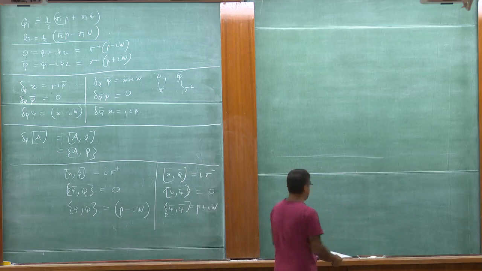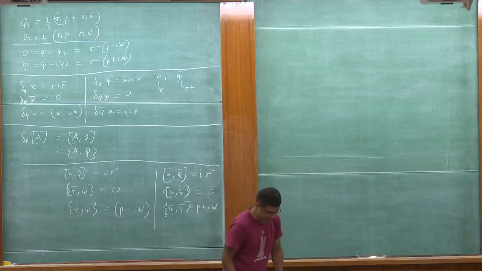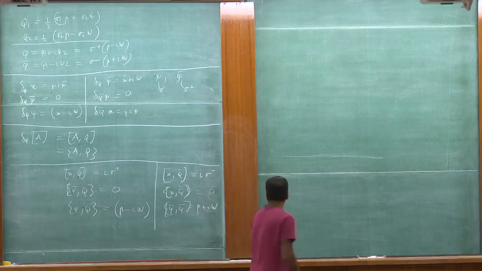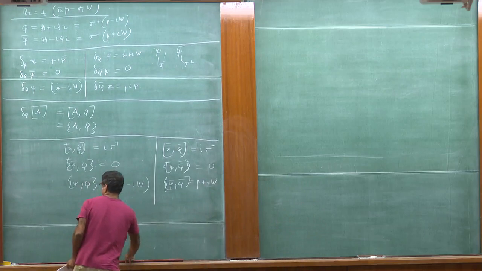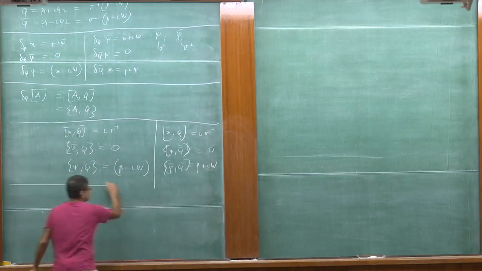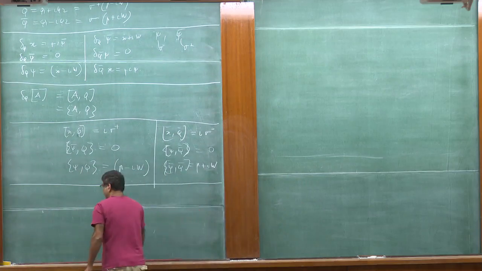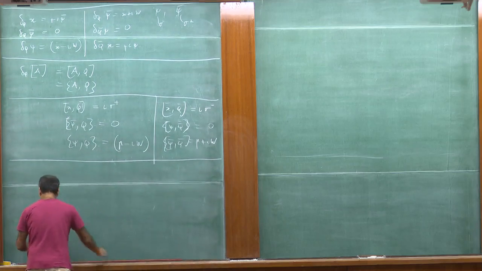So now I'm writing down these transformation laws we worked out last time. Again, if I make a mistake, please correct me. Okay? So I'll just remind you about the model we were studying. We were now studying this 4 supercharge theory.